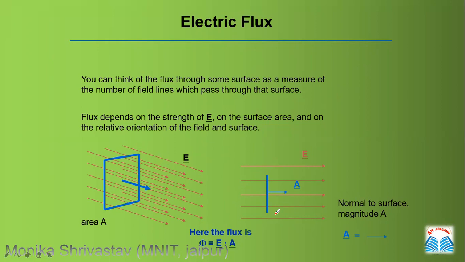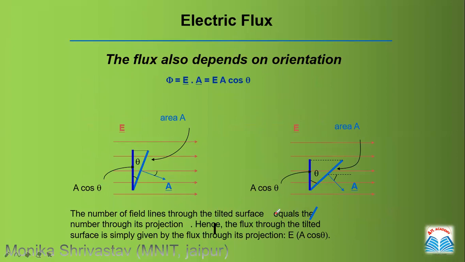So flux also depends on the relative orientation of the field and the surface. If the plane is making some angle theta with the electric field lines, we get different results. This one is A cos theta for this line, and this is the area inclined at angle theta. Now it is again inclined, and the value of theta is increased, so we will get different results, obviously.